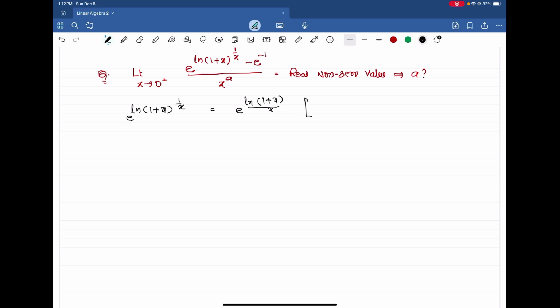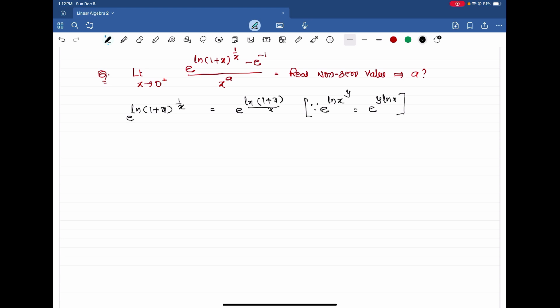Because e to the power of ln x to the power of y is equal to e to the power of y ln x. This is the first step which you should understand.